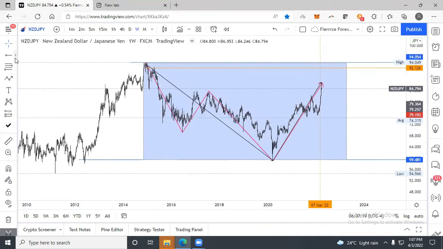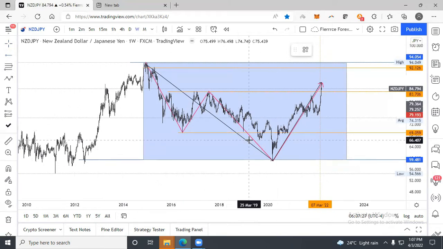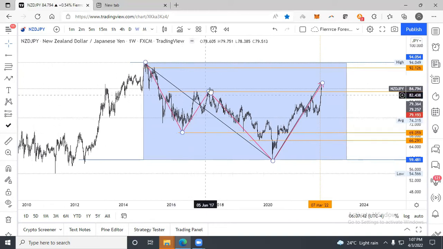So we can see the intermediary highs and lows. I mean, there are quite a number of them. We can draw them all over the chart if we want. Okay. So that's basically intermediary high, intermediary low, intermediary highs, and so on and so forth.